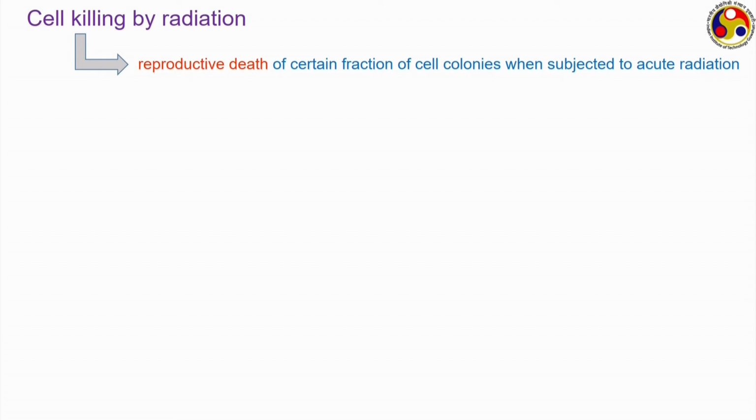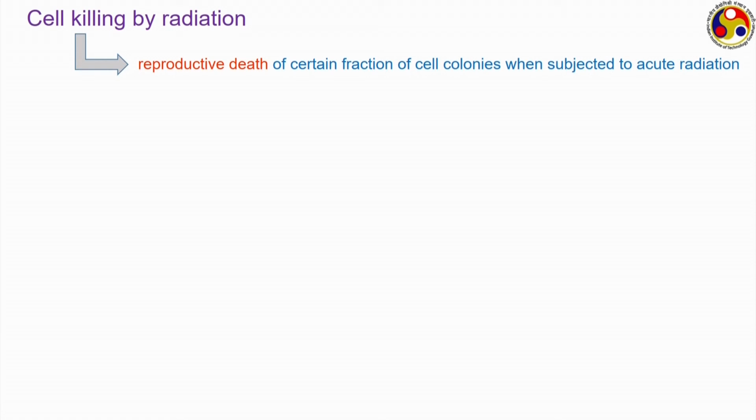Cell killing refers to reproductive death of a certain fraction of cell colonies when subjected to acute radiation. Like when a cell is affected by radiation, then the cell may lose its reproductive power, and terminology-wise it is called the cell being killed.